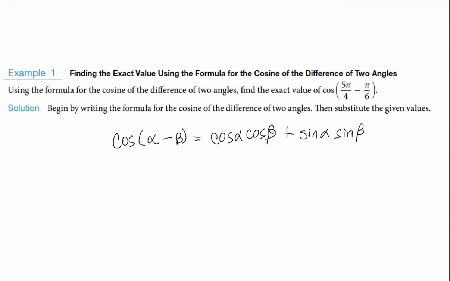Now, let's for a moment think about 5 pi over 4. 5 pi over 4 is 225 degrees. Pi over 6 is 30 degrees.